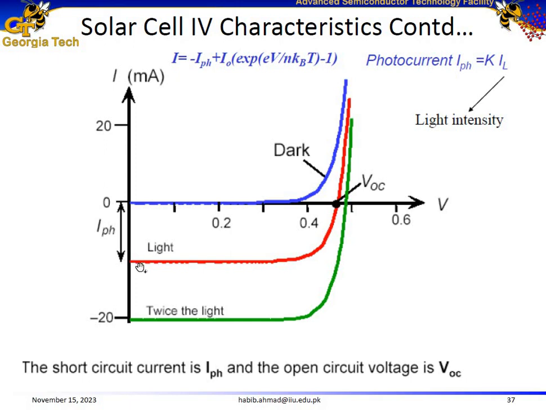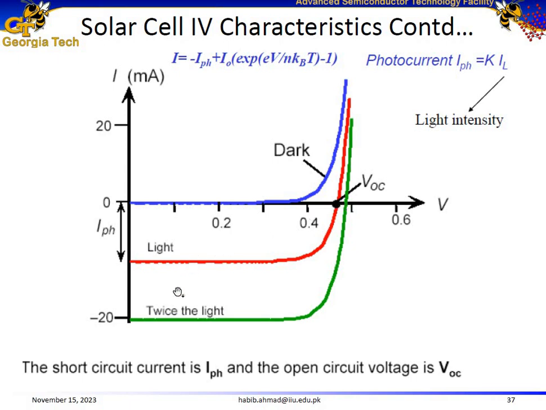As we start increasing the resistance connected to the solar cell, the current would start decreasing, but the voltage would start increasing. And under open circuit, when the resistance is infinite, the current would now be zero, and this gives us the maximum voltage. We call it the open circuit voltage.